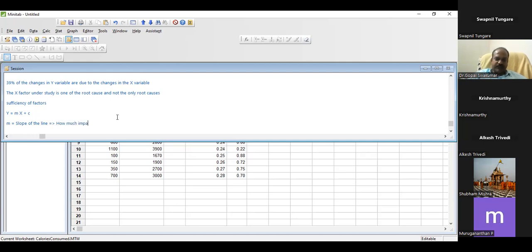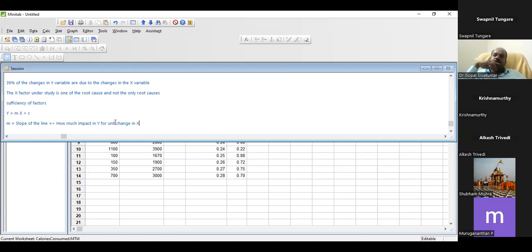How much impact happens in y for a unit change in x? Do you understand the meaning?